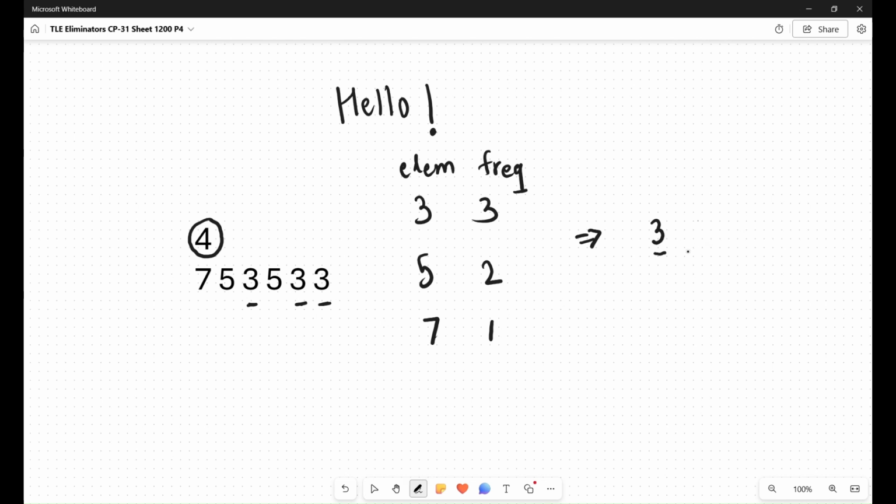So there should be 3 such pairs where the minimum of them is 3. Okay, so I can write 3 elements here such that they are all bigger than 3.